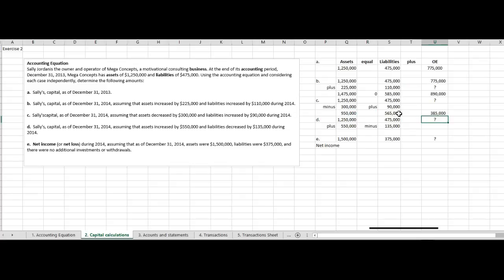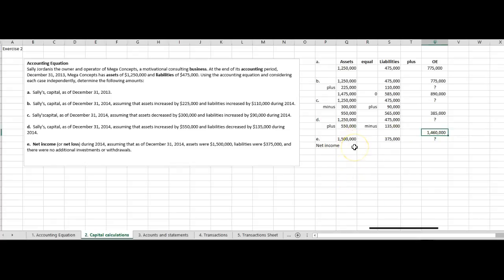That's fairly straightforward. I'll let you do this one. You should come up with $1,460,000 by adding this, subtracting this, and then taking your assets minus liabilities. You come up with $1,460,000. So I'll let you do that calculation.